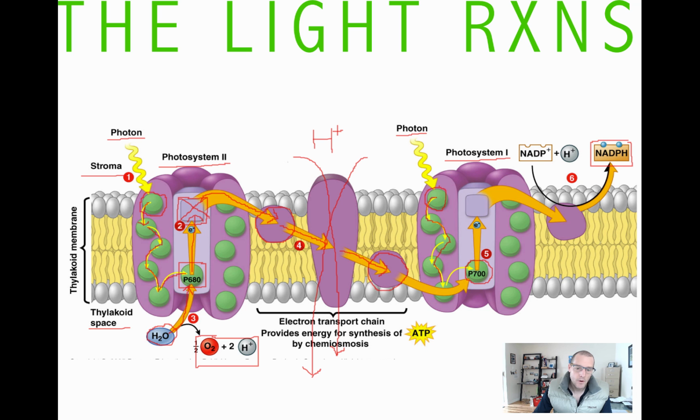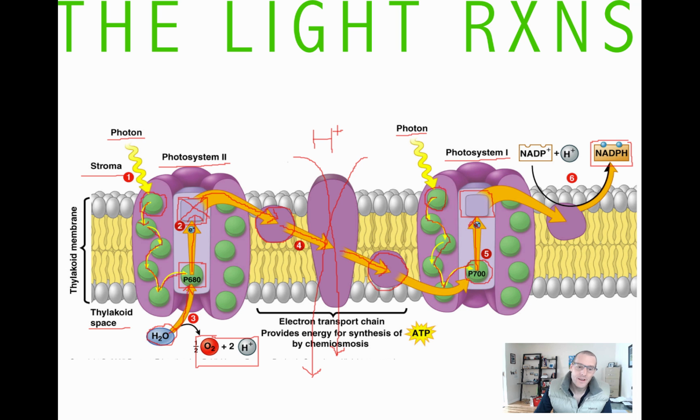So that photon ping-pongs around the light harvesting complex until it hits the special chlorophyll P700. That causes the low energy electron that just came in from the electron transport chain to be re-energized and donated up to another primary electron acceptor in photosystem 1.